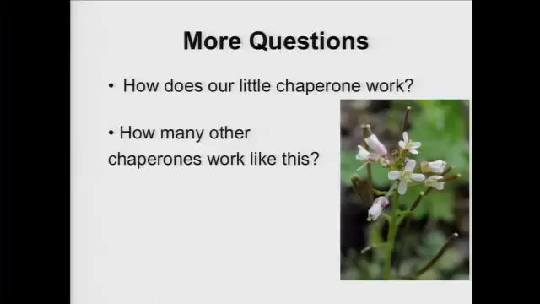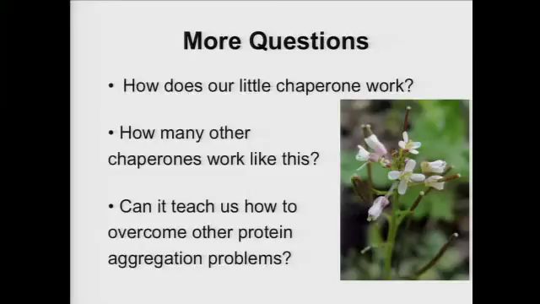How many chaperones in our cell actually behave like this? Have we ignored them because they're small and they don't do fancy things like burning up ATP? And this is the most tantalizing thought. If there's a day that we can really understand how this chaperone works, what will it teach us about how to overcome all those protein aggregation problems that are associated with disease?